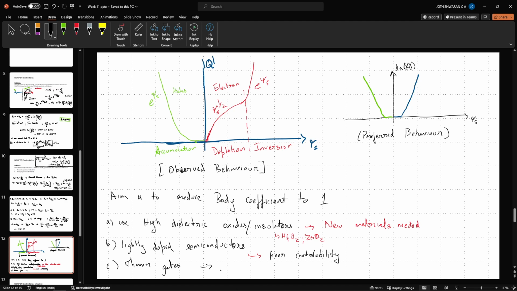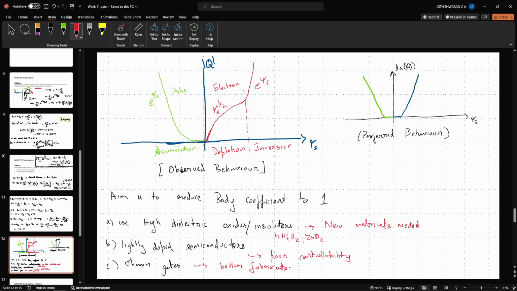So thinner gates again need better fabrication techniques. And let me just write these in red. So here this implies we have poor controllability. And here this means we need better fabrication techniques.